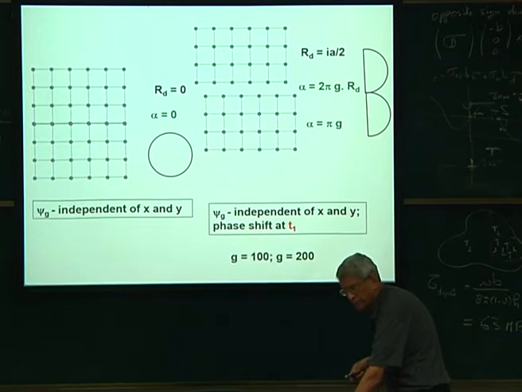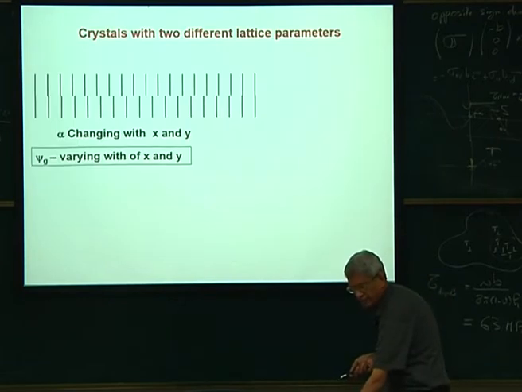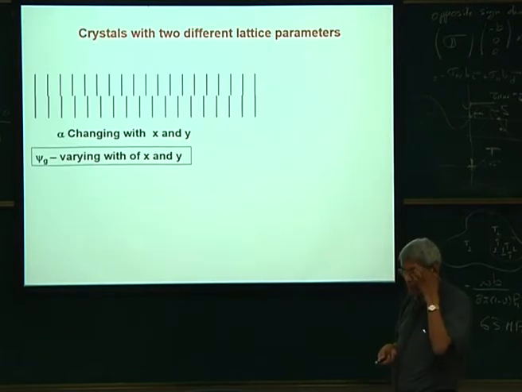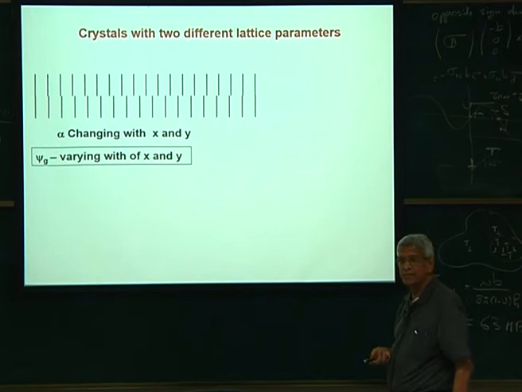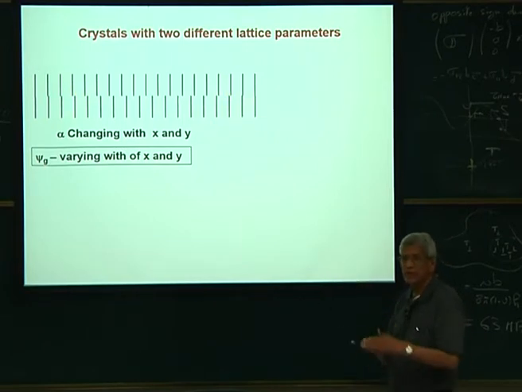On this basis, we can consider a crystal with two different lattice parameters. Here I have shown just a one-dimensional one. This is the lattice parameter, and here the lattice parameter is slightly different. So they are joined together, correct?